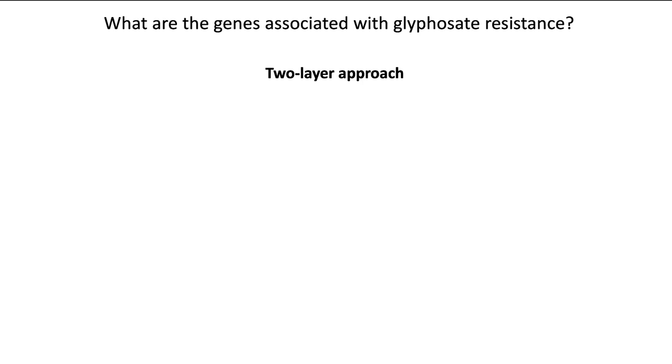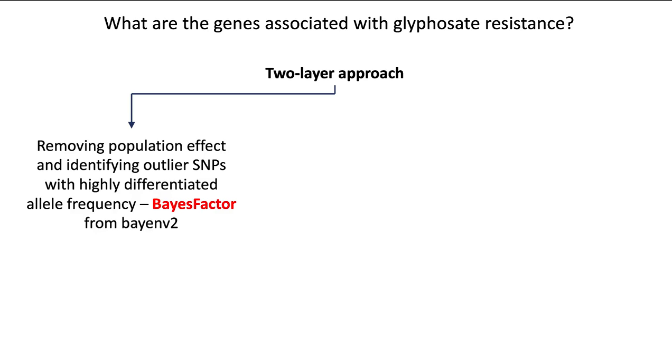Briefly, as the first step, since I had multiple populations which might confound the results leading to false positives, I first estimated population effect and then identified any outlier loci showing high allele frequency differentiation between resistant and susceptible populations. For this, I used a statistic called Bayes factor from the BayPass program. On the other hand, I identified regions showing extreme differentiation between the resistant and susceptible populations, which is represented by the statistic GST.